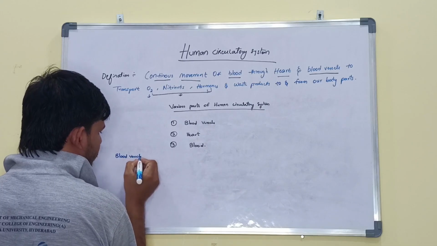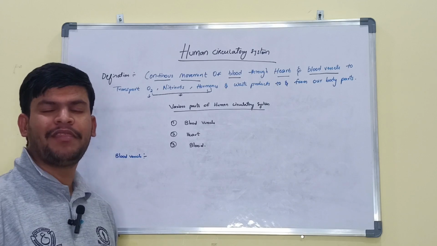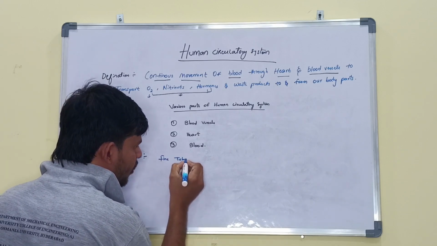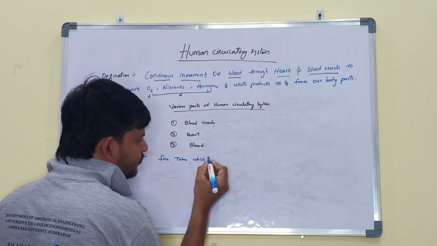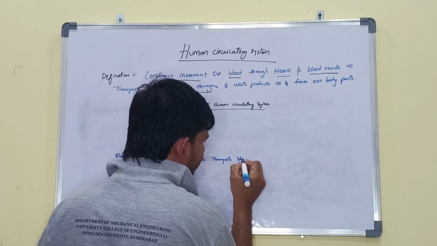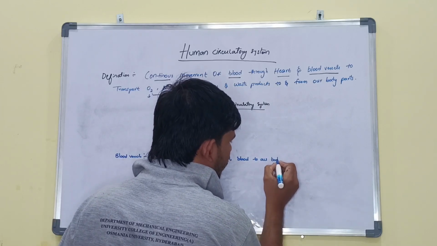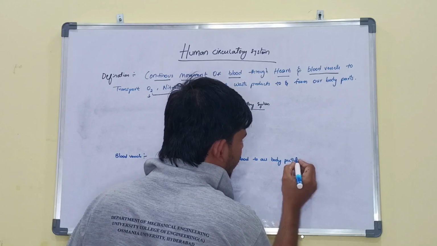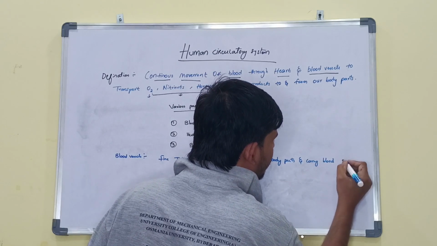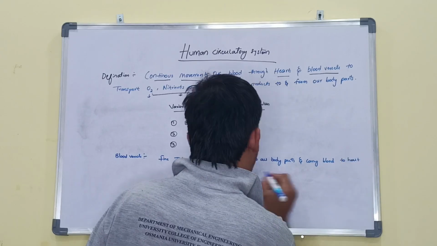Blood vessels. What is blood vessels? Blood vessels are fine tubes which transport blood to all body parts and carry blood to the heart from all body parts.